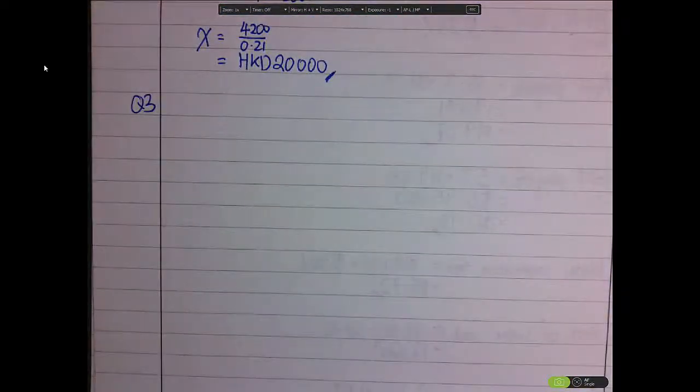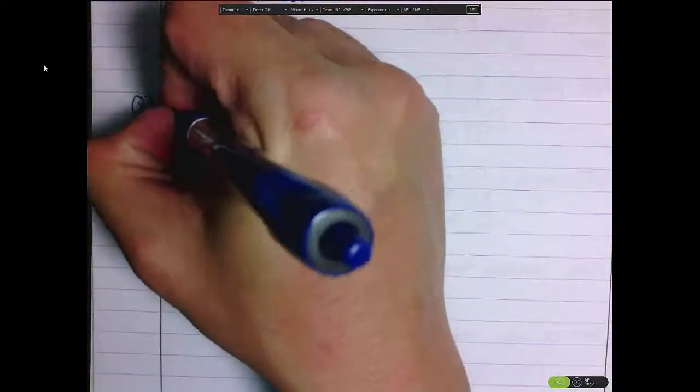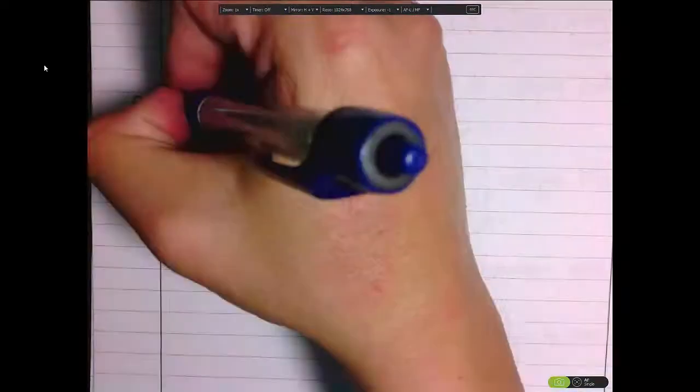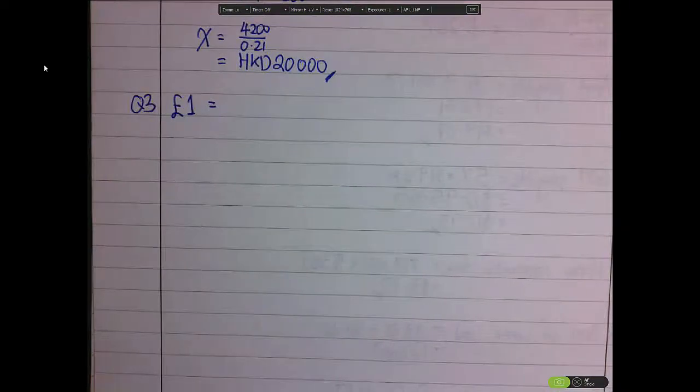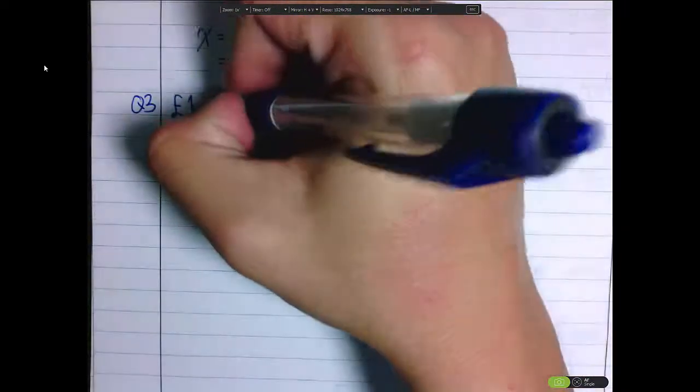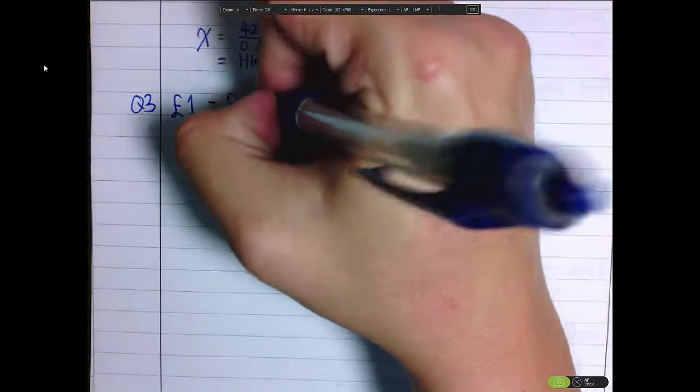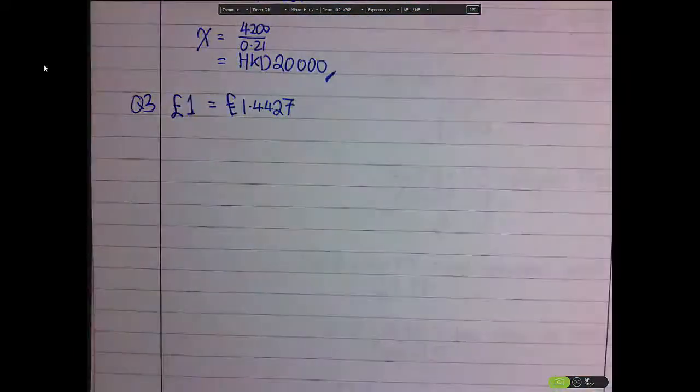Now I move on to question 3. Okay, read the question yourself. Basically, the British pound and euro: you draw this, that is 1 pound is equal to 1.4427 euro.